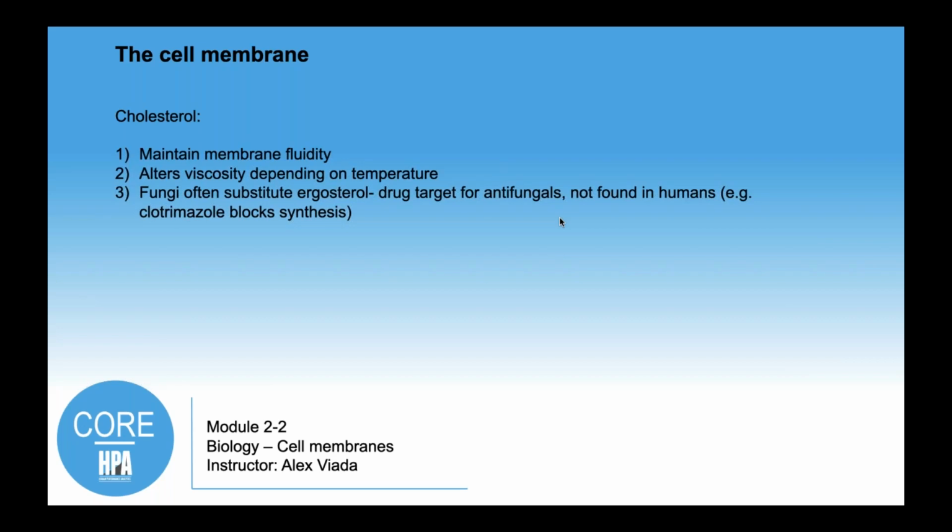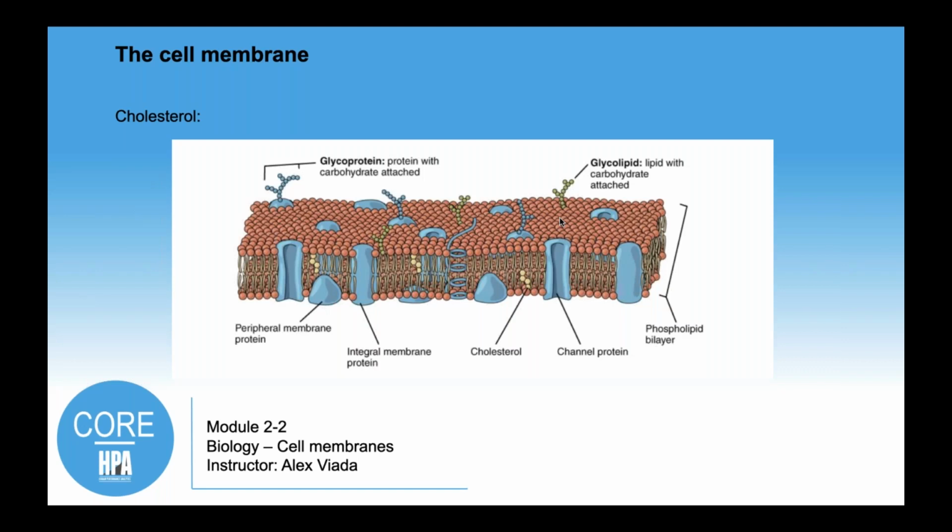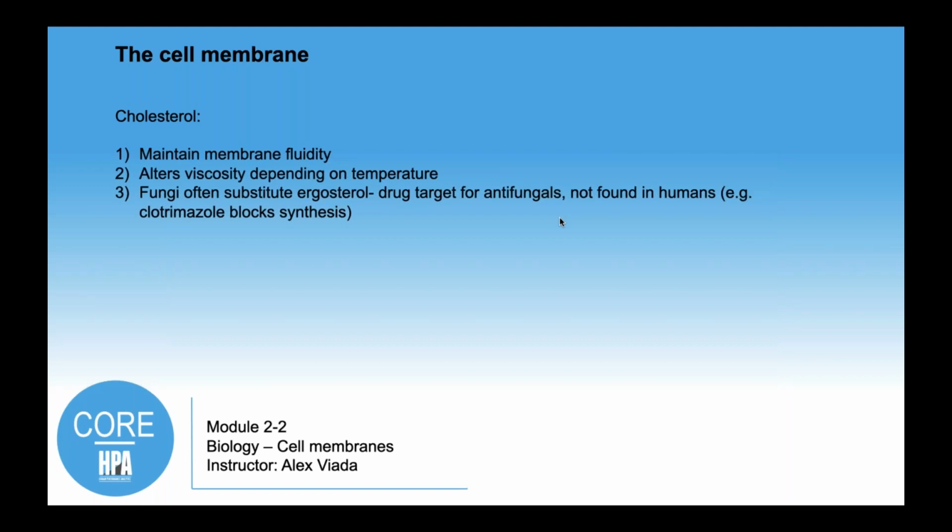Cholesterol plays several functions. It helps maintain membrane fluidity. Now, the phospholipid bilayer, of course, has all these other proteins in there that all have various properties and change how the cell membrane itself operates and moves and everything else. But cholesterol has an interesting property where the outside temperature actually affects how cholesterol effectively binds and controls the fluidity of the membrane.